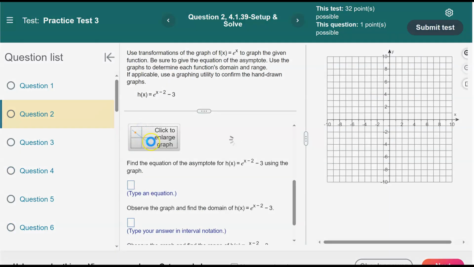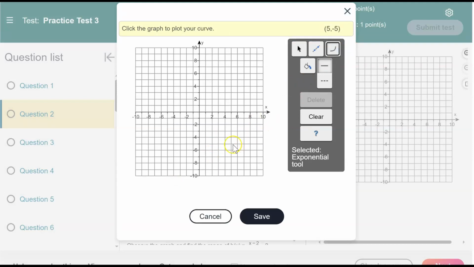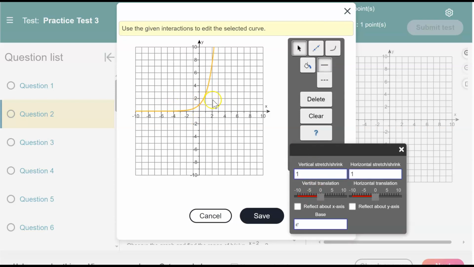Now you can graph this. To graph the function, you can just use the exponential tool and then click the graph to plot the curve. Let's start here, and then you edit this. So that's for e to the x.